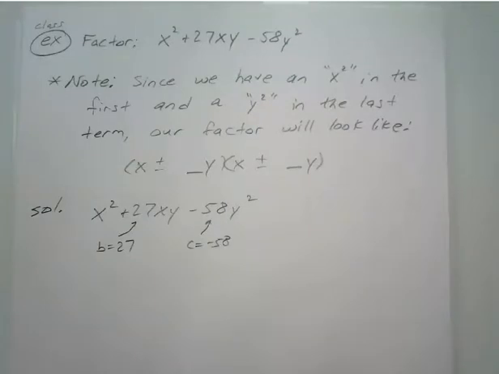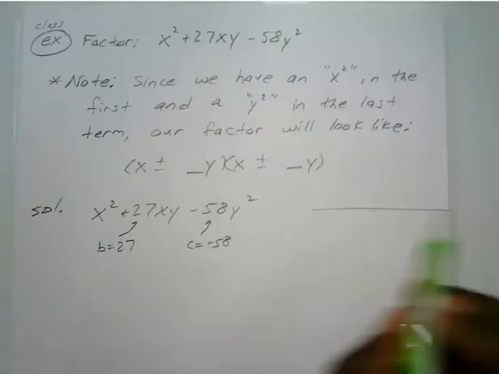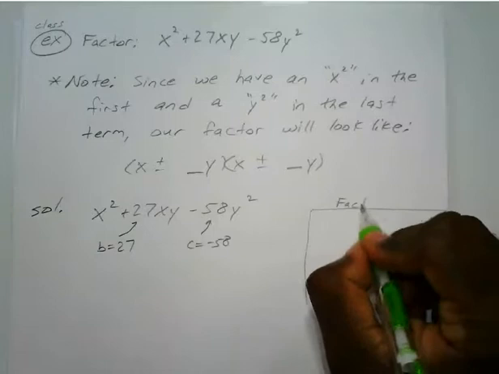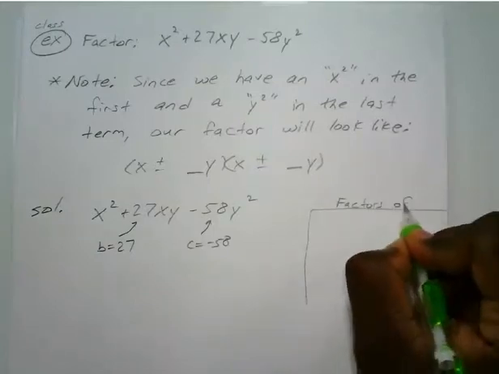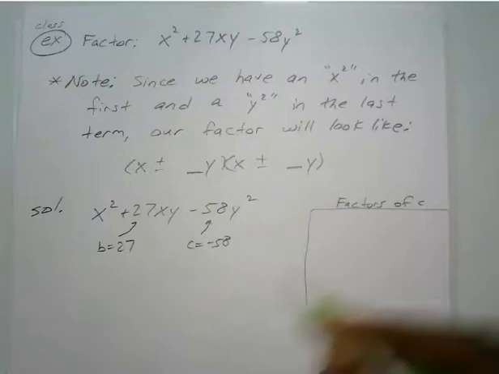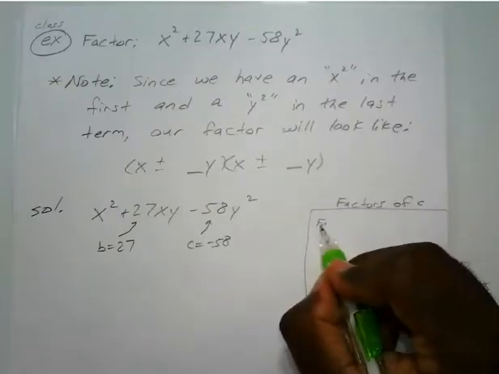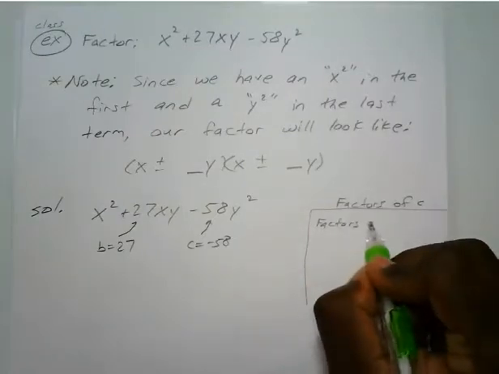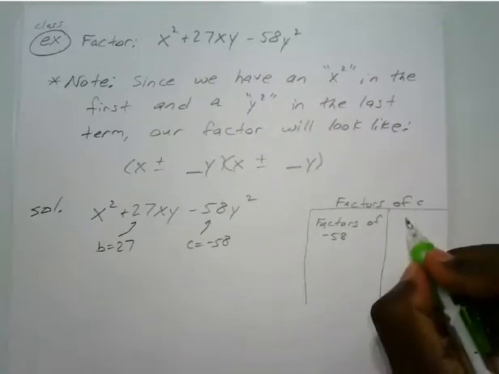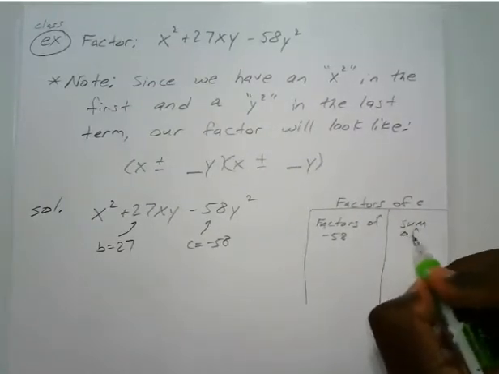So again, if you're not sure where to get started, just look at all of your factors of c. Okay, so in this case, c is negative 58. So our factors of negative 58, and then the sum of factors.